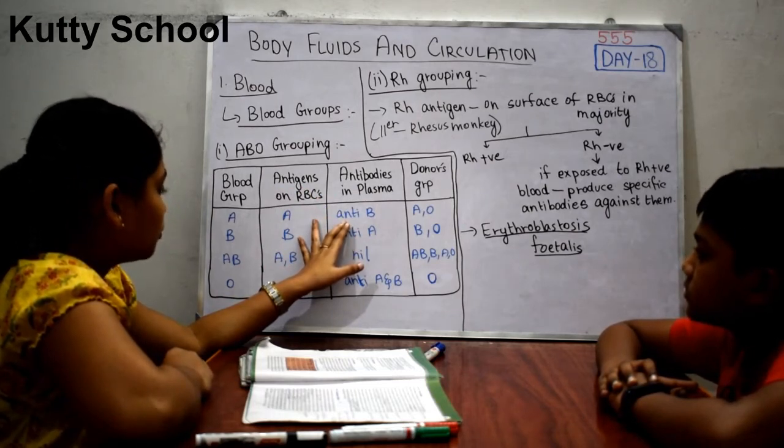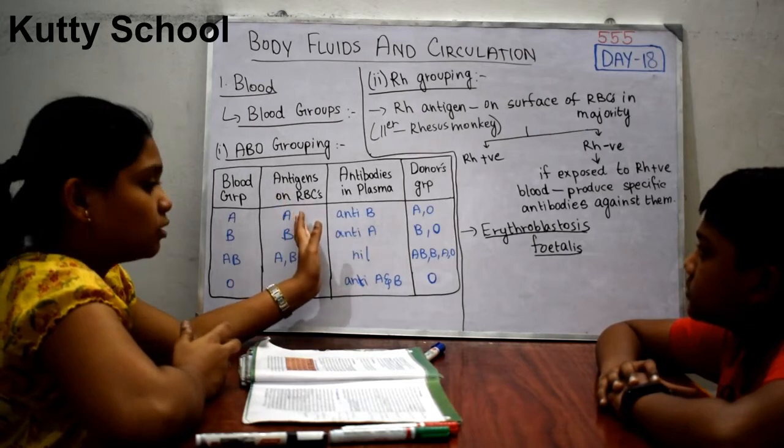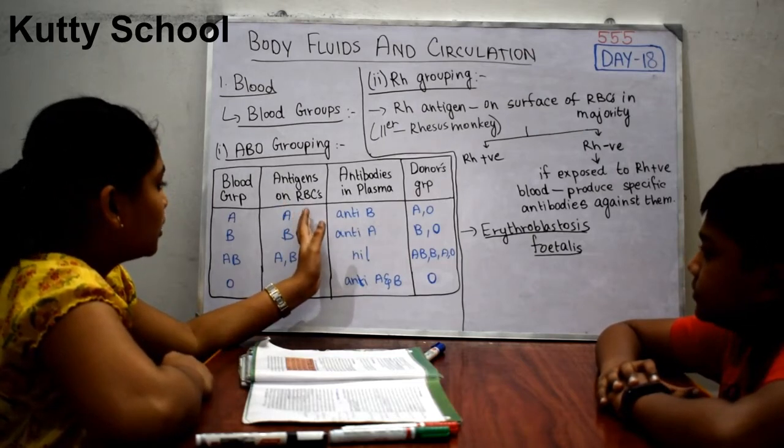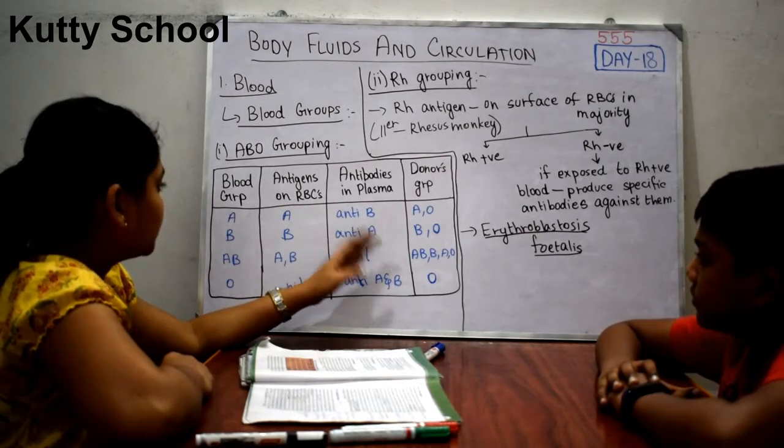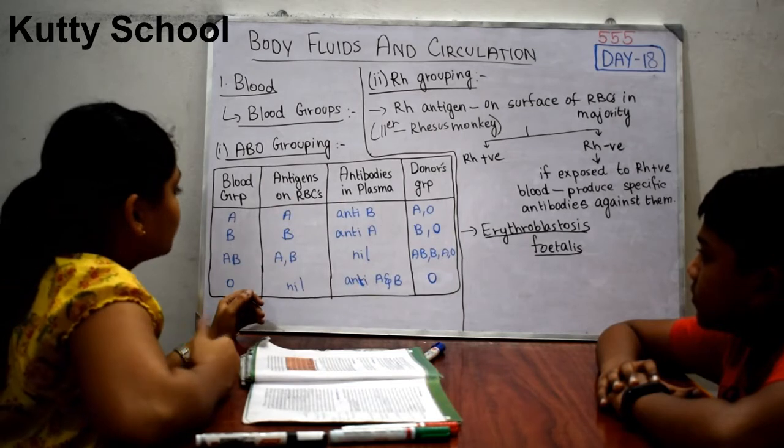And the donor groups, which groups can donate to a person having A blood group? It is A and O. Both A blood group and O blood group persons can donate blood to an A blood group person.